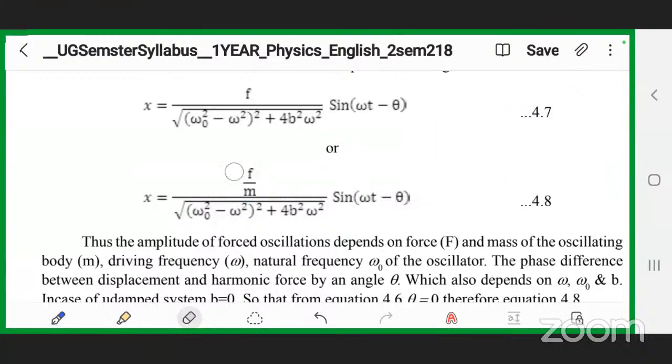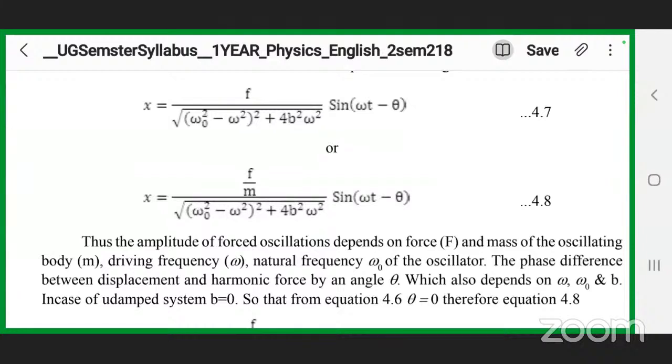So here what is A? A is the amplitude. What do you mean by amplitude? The maximum displacement of the oscillator or the particle, which you can call the amplitude.